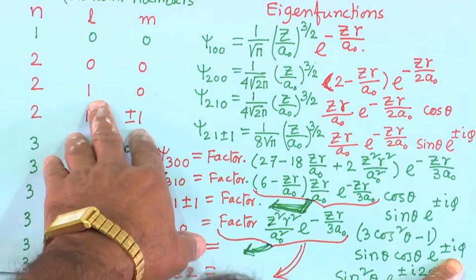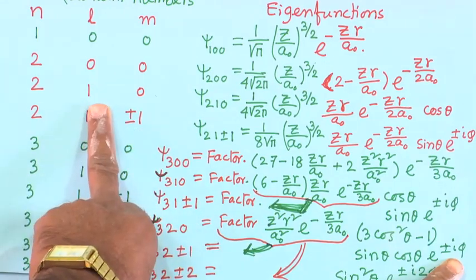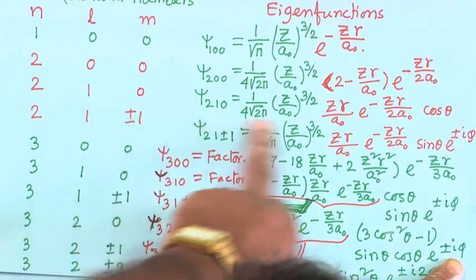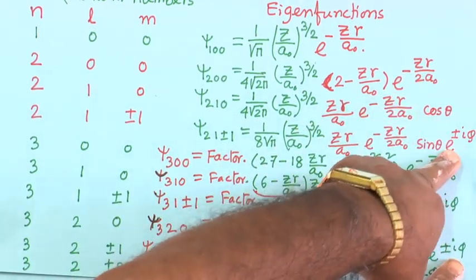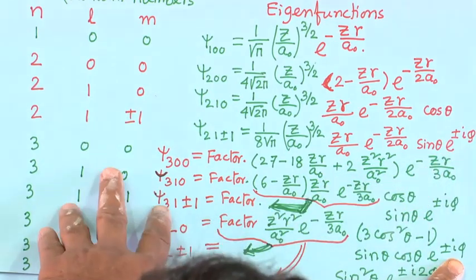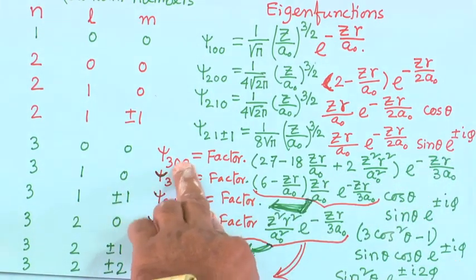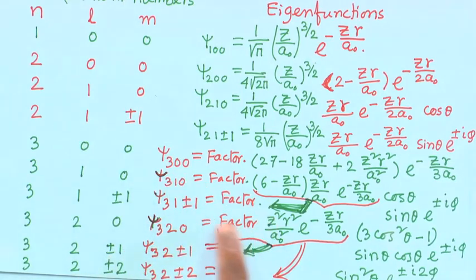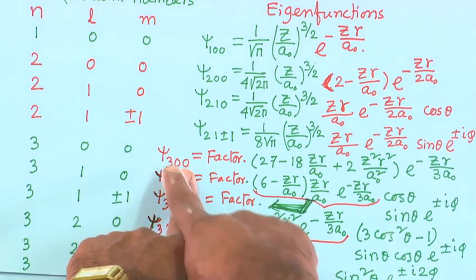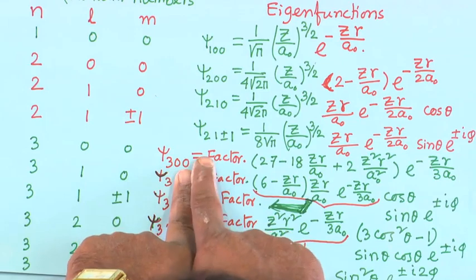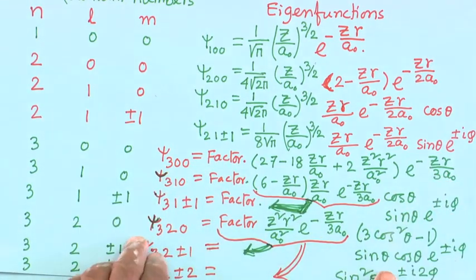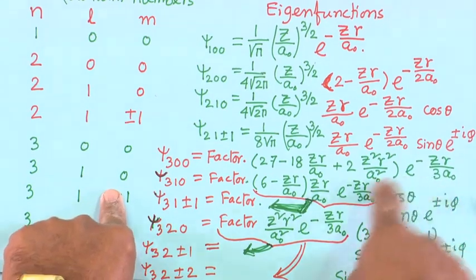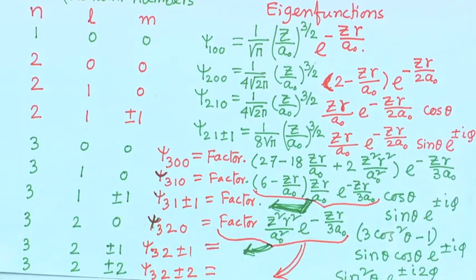For L not equal to 0, it depends on theta, as well as in some cases phi. Here also psi 3 0 0, L equal to 0, is independent of theta, but in all other cases L is not equal to 0 and it depends on theta. L not equal to 0 means p state, d state, etc.